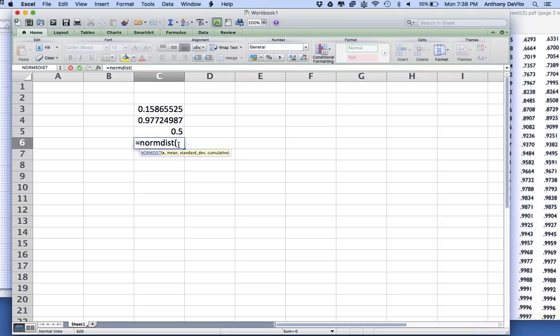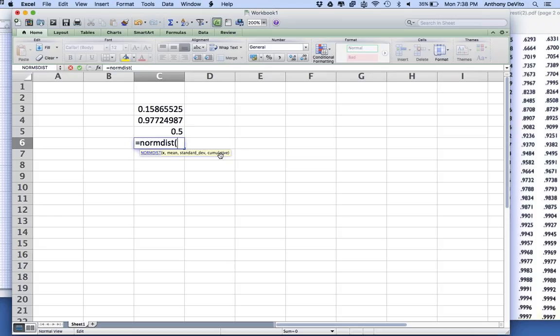I'm going to put in the parentheses, and it comes up with a greater number of different values. It wants to know the value of x, the mean, the standard deviation, and something called cumulative. It's always going to be cumulative. Cumulative means it's adding the area from the left to the right. So it's just like the table we used so far, which is measuring the area to the left of whatever that value x is.